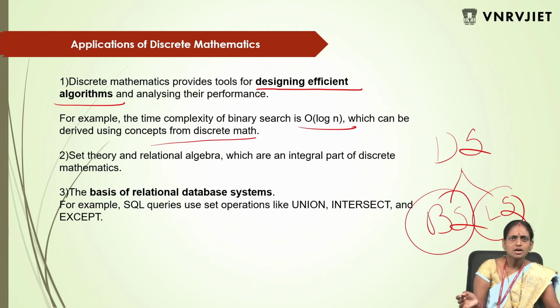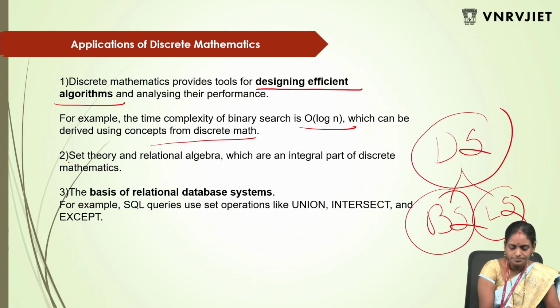This can be computed with the help of mathematics concepts, and those mathematics concepts come under discrete mathematics only. In such cases, we use the concept of discrete mathematics in data structures. That is the first application of discrete mathematics.